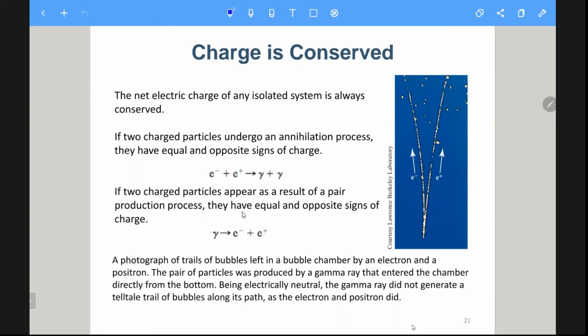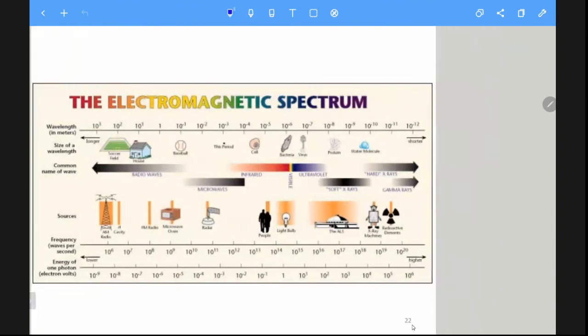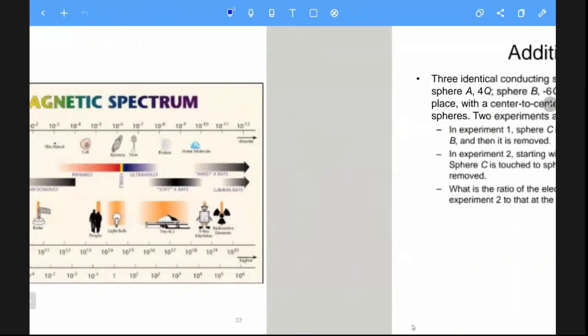They are known as antimatter, 反物质, antimatter. This is called the positron, 正电子. Maybe we can talk about this later.